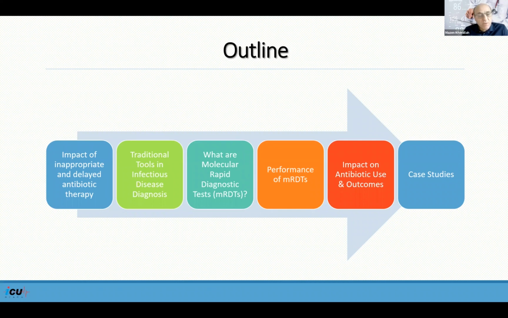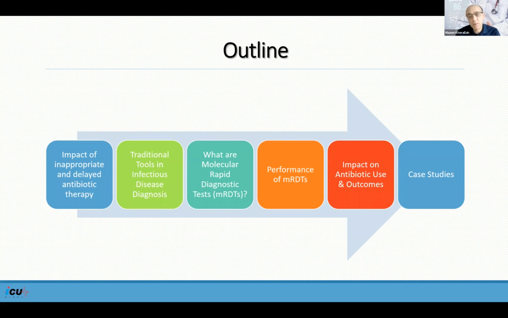And the outline of the talk will be: first, we'll see the impact of inappropriate and delayed antibiotic therapy, just to outline the importance of making a rapid diagnosis. And then we'll screen through the traditional tools in infectious disease diagnosis before we detail some of the molecular rapid diagnostic testing.